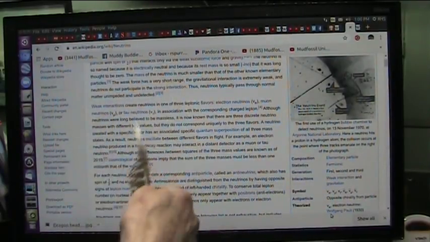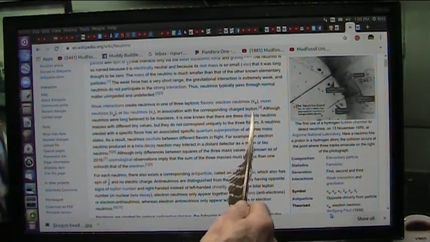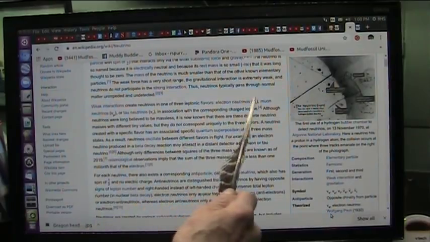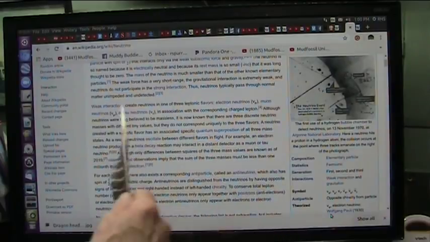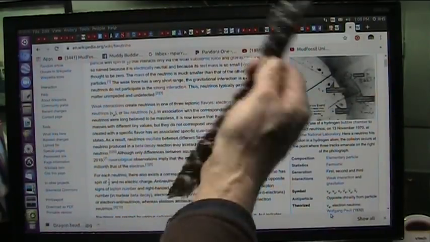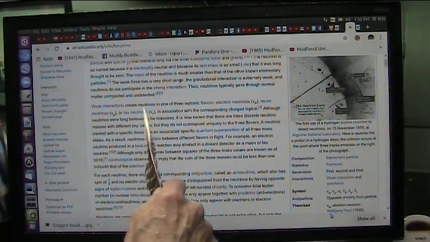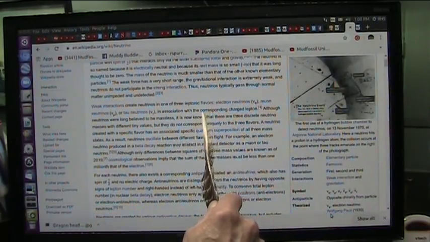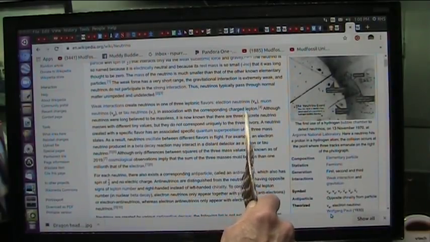Then they have bigger ones, muon neutrinos, tau neutrinos, associated with the corresponding charged leptons. They may even call the electron neutrinos red, muon green, tau blue. I don't know. But they're different size neutrinos. They say there's three flavors. This is maybe what they're talking about.